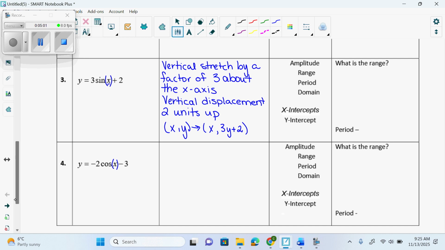4 has a vertical stretch, a reflection, and a translation, but it affects all the y's. So we get a vertical stretch by a factor of 2 about the y-axis. And by the y-axis, I mean the x-axis. And then a reflection in the x-axis.